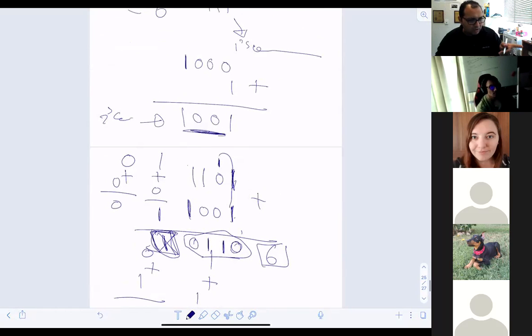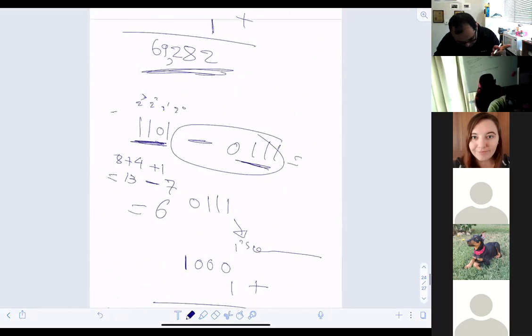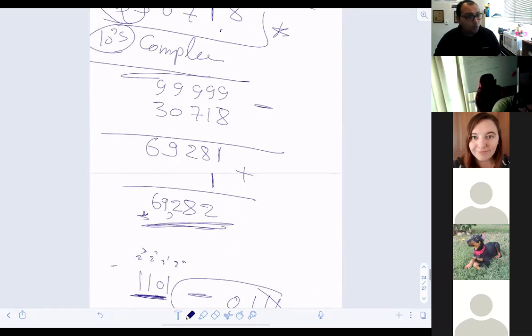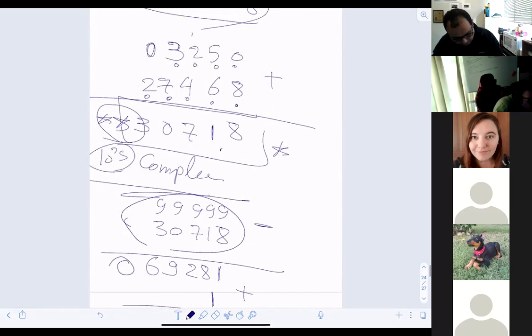So back to the question that Leslie asked, right? For this one, why did I apply the 10's complement? Because this process didn't give me an extra digit. So what does it mean? It means this value is in 10's complement and is actually representing a negative value.